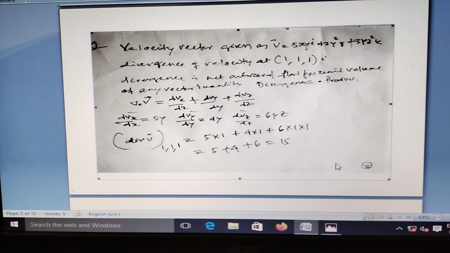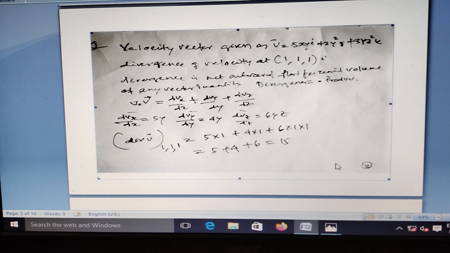Divergence theorem: the volume integral of the divergence of a vector field A taken over any volume is equal to the surface integral of vector A taken over the closed surface. Stokes theorem: the surface integral of the curl of a vector field over an open surface equals the line integral of the vector field over the closed curve bounding the surface area.